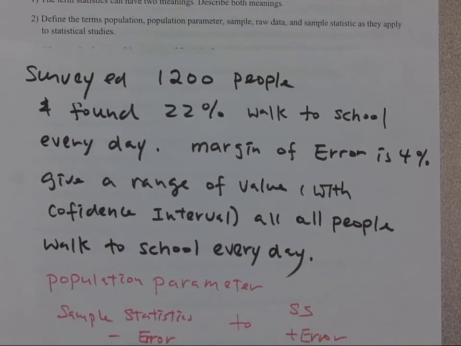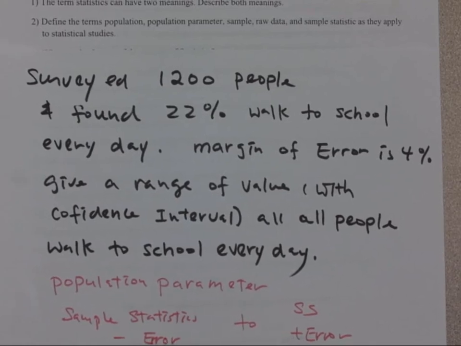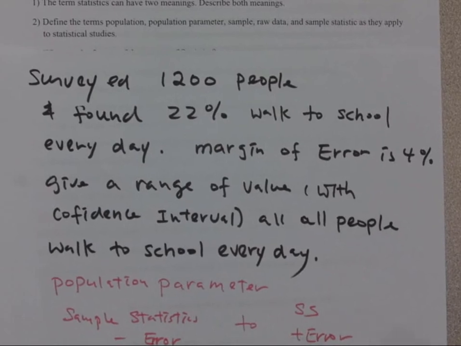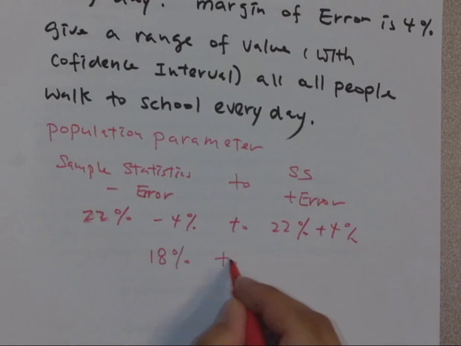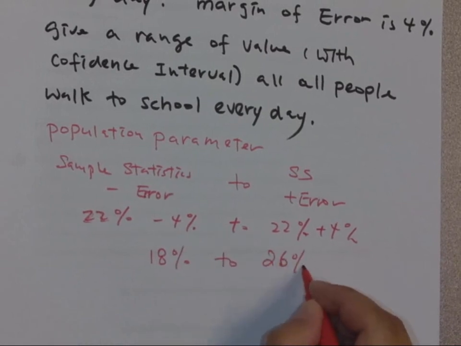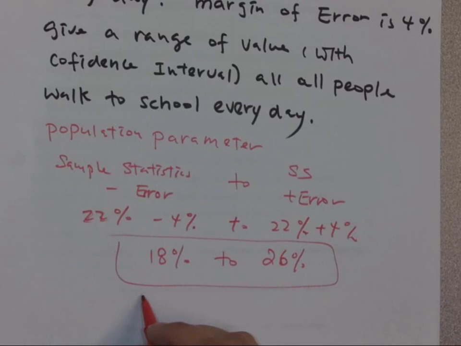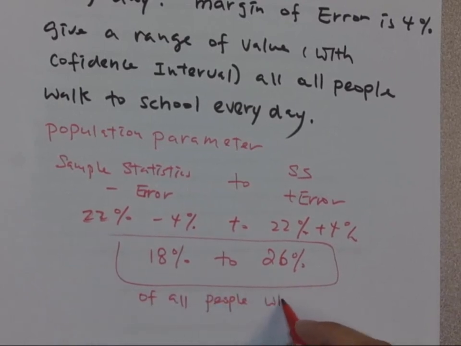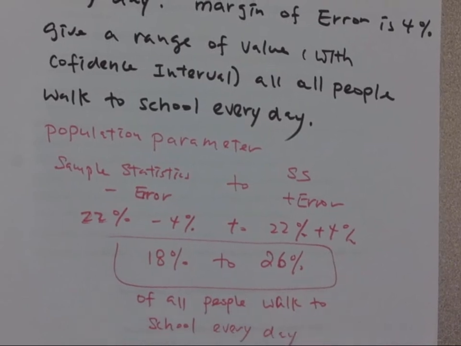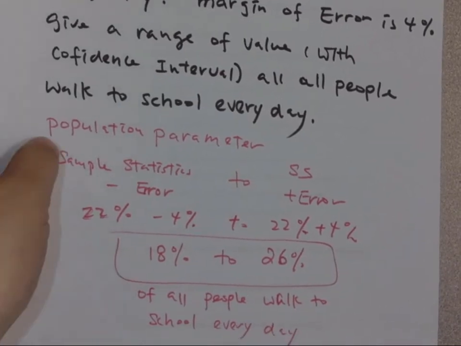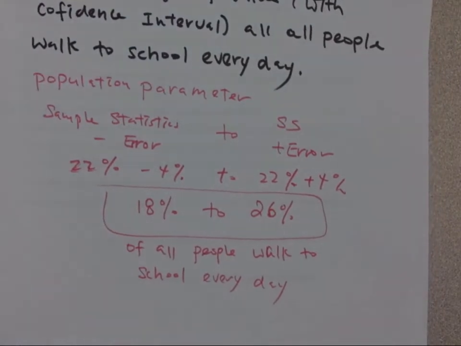So 22% subtract 4% to 22% add 4%, what do we have? 18% to 26% would be the population parameter. This is of all the people who walk to school every day, right? So that's how you calculate the population parameter. Are we okay? Questions?